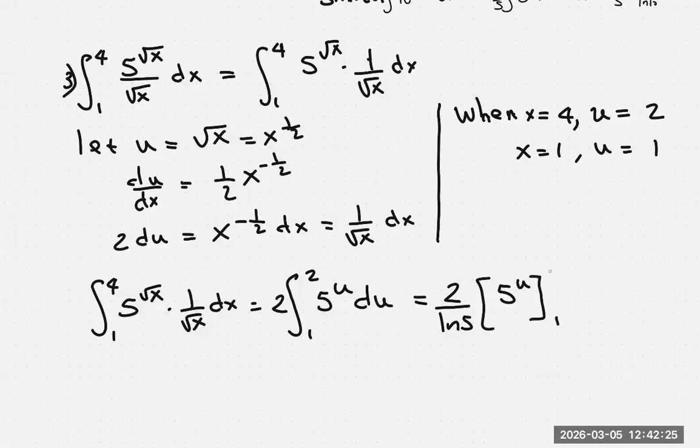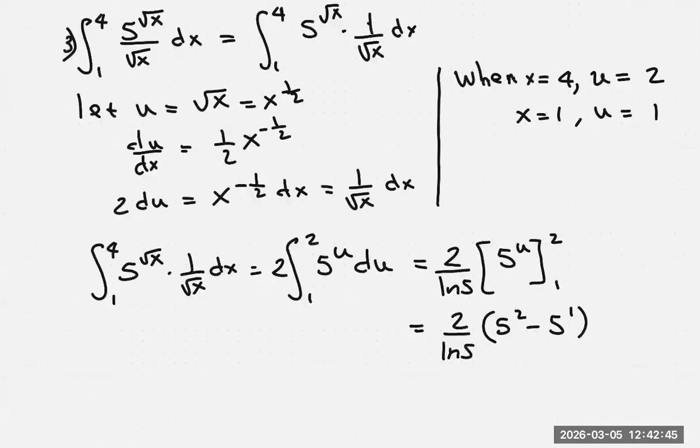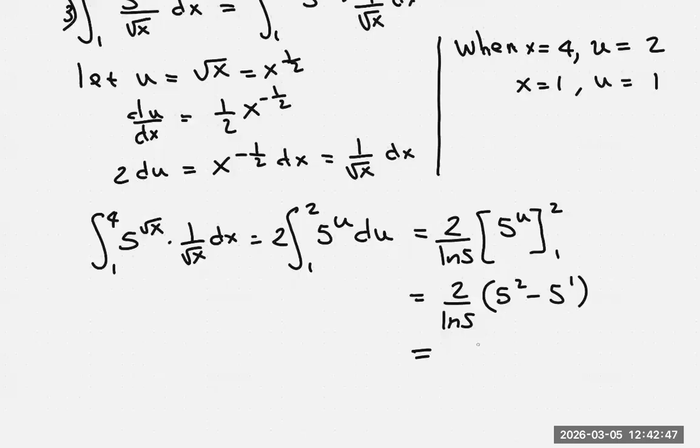I'm just going to put numbers in there now. So we're going to get 2 over ln 5 times 25 minus 5. Sure everybody sees it? So the answer is 40 over ln 5.